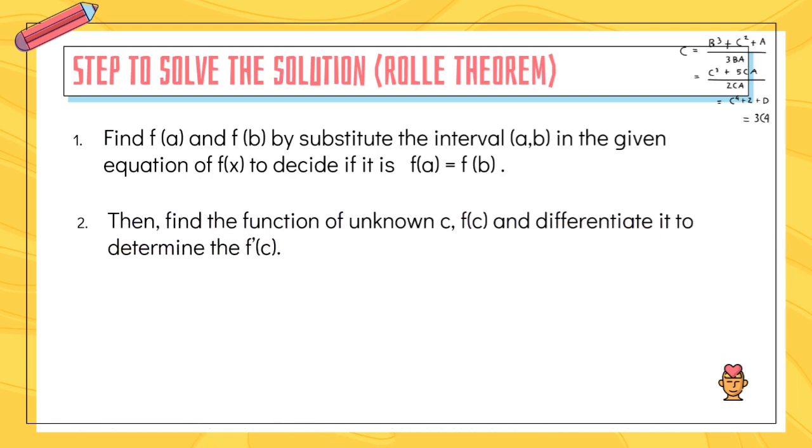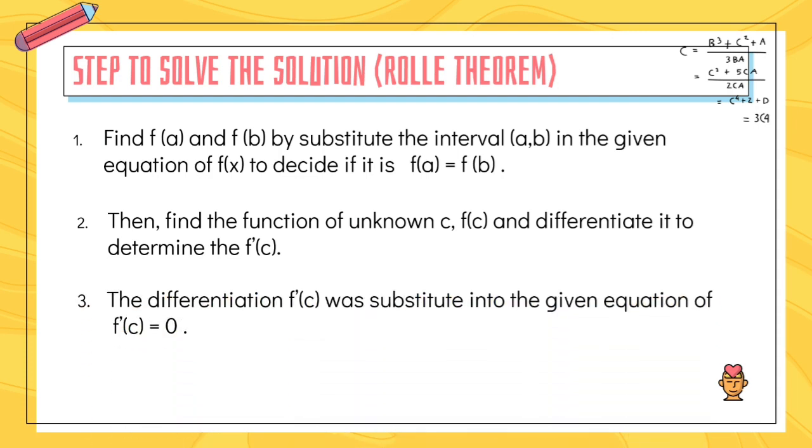Then, find the function of unknown c, or f(c), and differentiate it to determine f prime c. Third, f prime c is substituted into the given equation f prime c equals 0. Lastly, simplify and find the value of c.